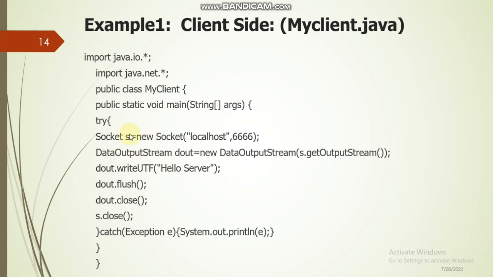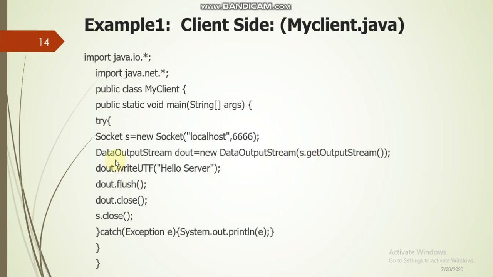It is Socket s equal to new Socket, where the machine name is localhost, the port number is 666. We need the client to only send information to the server. That's why we have created an object called DataOutputStream, new DataOutputStream, s, which is the socket name at client side, dot getOutputStream.